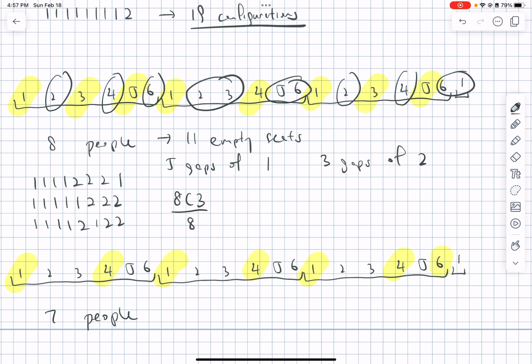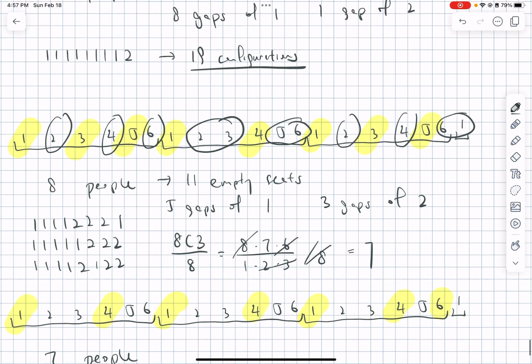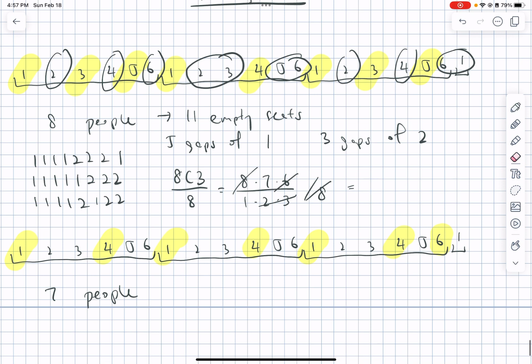So what is 8 choose 3 divided by 8? It's going to be 8 times 7 times 6 divided by 1 times 2 times 3, divided by 8. So cancel, cancel, cancel, cancel. This is going to equal 7. So there's 7 different ways we can arrange the 1s and the 2s.